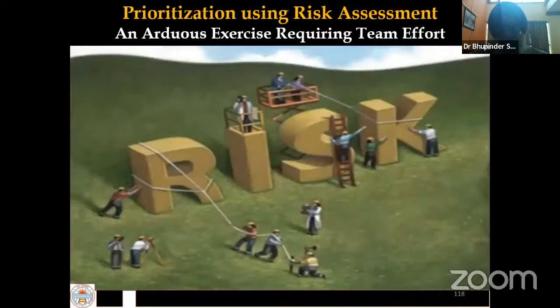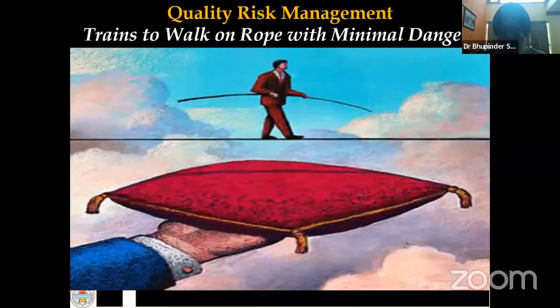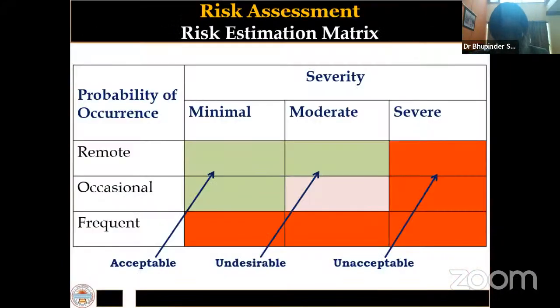Risk assessment is also another important element of prioritization. It lets you walk on the tightrope amongst the so many possible risks. And not only does it train you to walk on the rope, it minimizes the dangers. It provides you a cushioning effect.